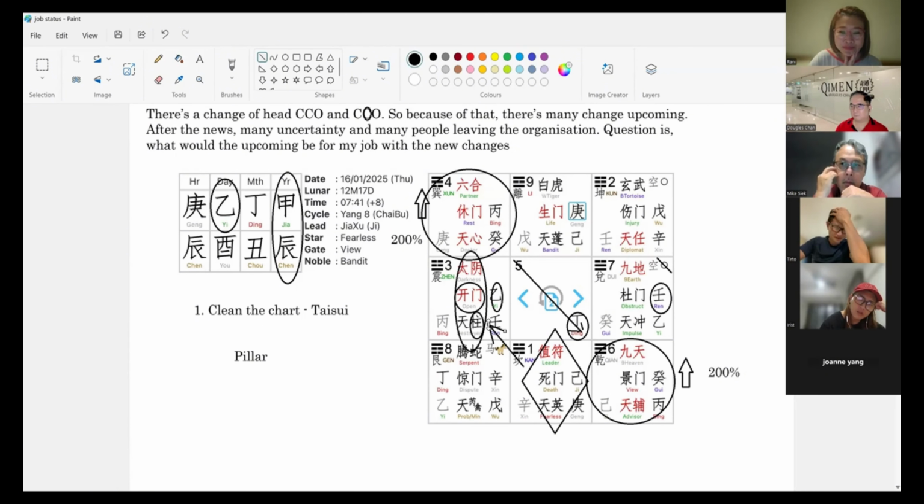And my question was whether it's going to be a long trip or just a short trip. When we look at the Tai Sui, initially in the palace there was emptiness, so we thought nothing about it.